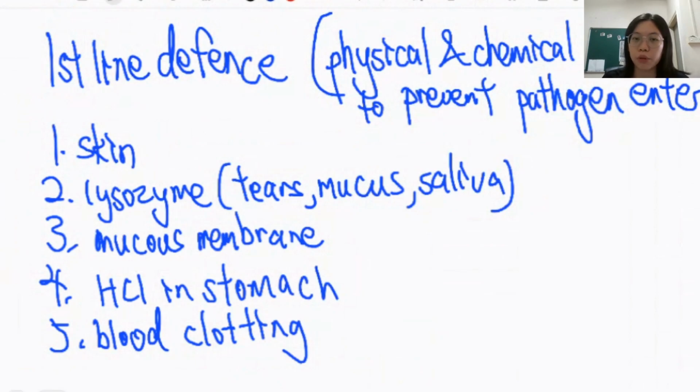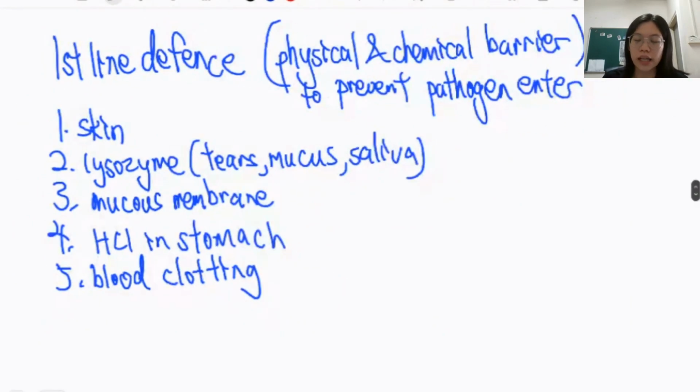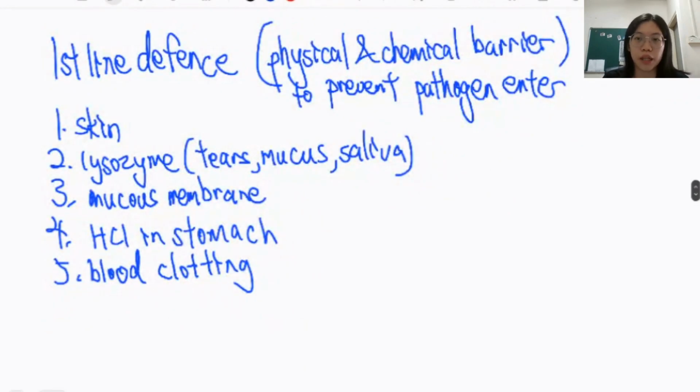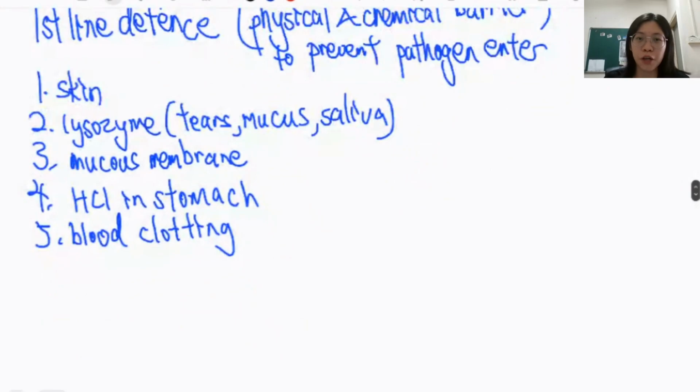They will keep secreting mucus, and one of the functions of the mucus is to act as a barrier to prevent pathogens from entering. And hydrochloric acid in the stomach will kill the pathogen.